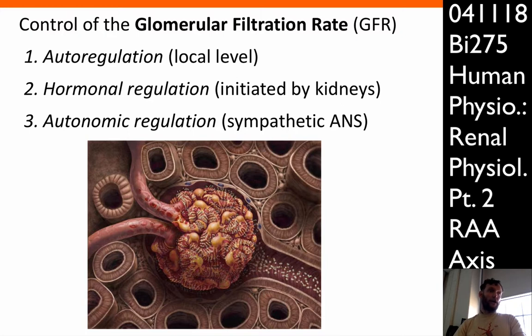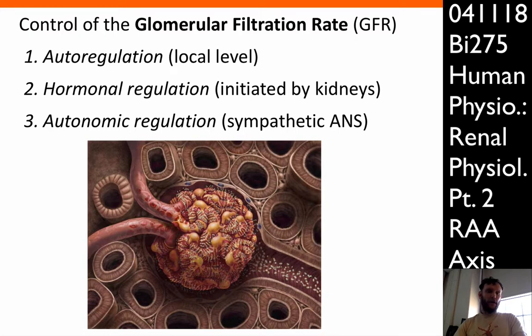So paracrine is a hormone that is produced by one cell and then released for the benefit of its nearest neighbor. All right, the cell right next door. It doesn't necessarily go widely distributed throughout the circulatory system. So there's this auto or local level to the control of the glomerular filtration rate.